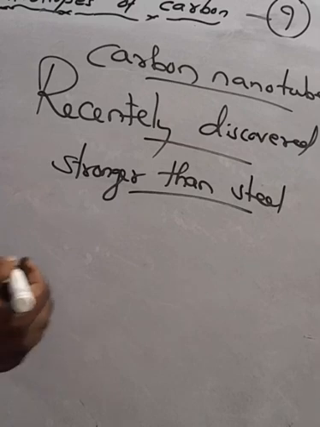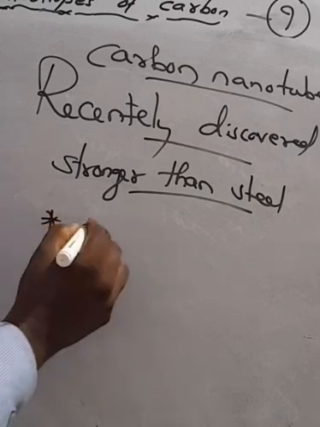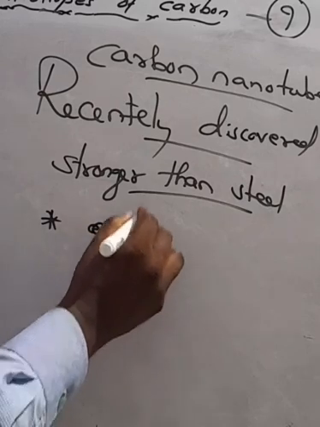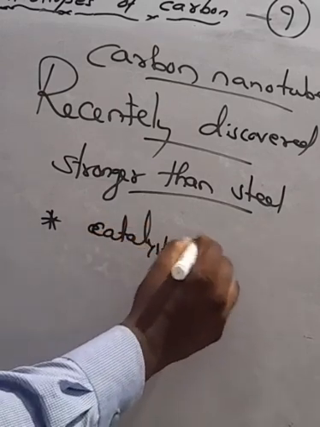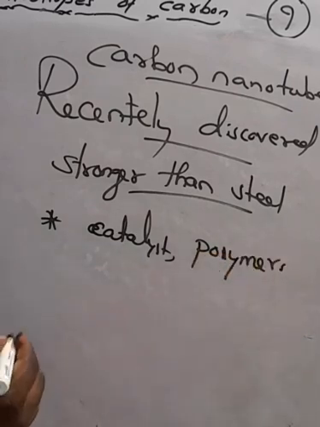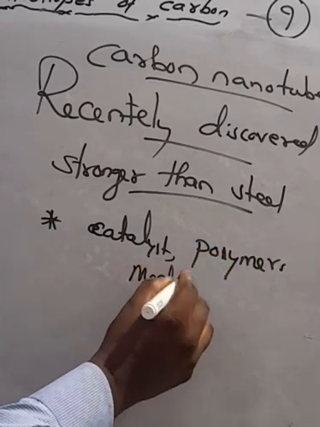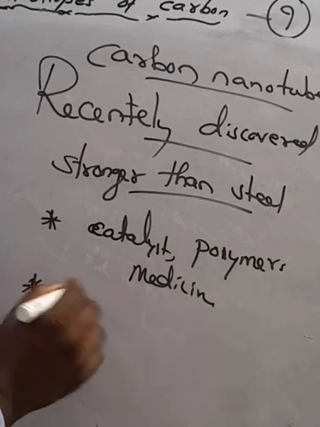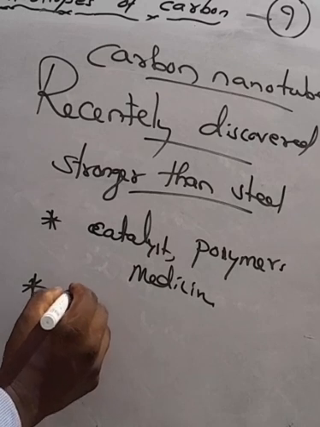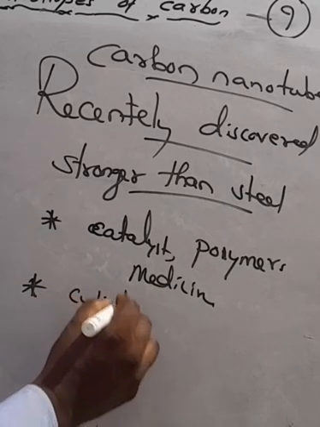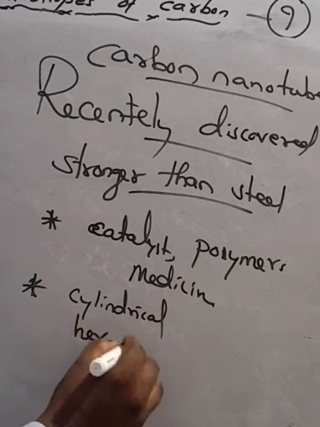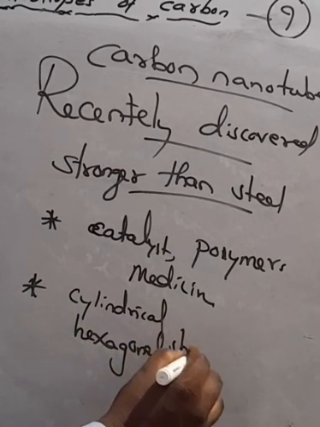Carbon nanotubes have many applications in nanoscale electronics, catalysts, polymers, and also medicine. We say carbon nanotube because it has a cylindrical structure with a hexagonal shape.